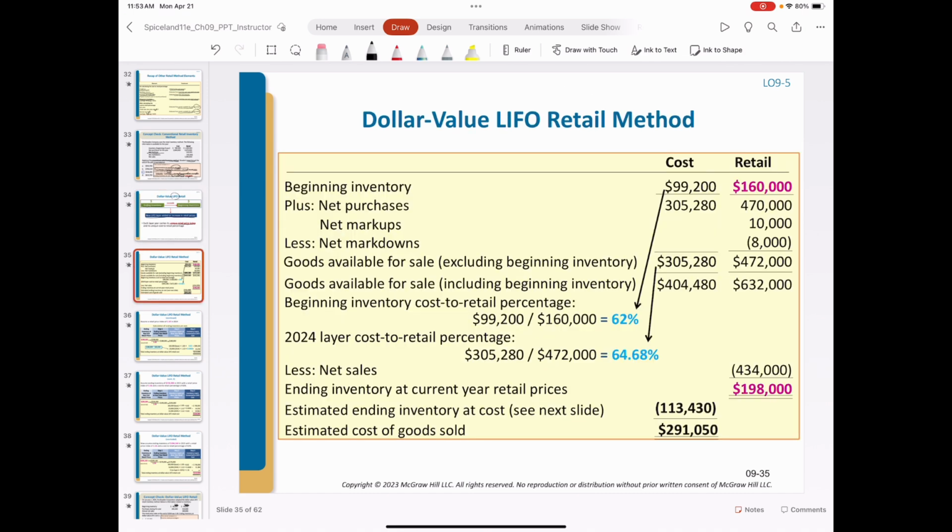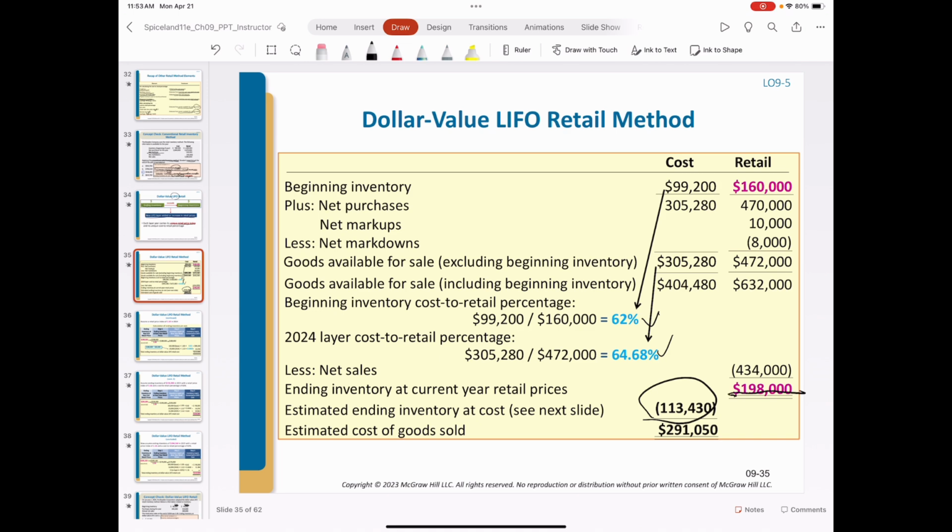So this shows us the procedures to apply dollar value LIFO retail methods. How we get the ending balance of inventory at the cost $113 for $130. And these procedures are similar to the prior example.